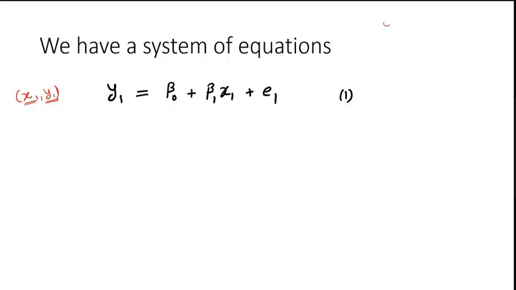The line I have assumed gives me a predicted value yi equal to beta 0 plus beta 1 xi. Suppose i is equal to 1, then I am talking about the y1 predicted value and the input is x1.